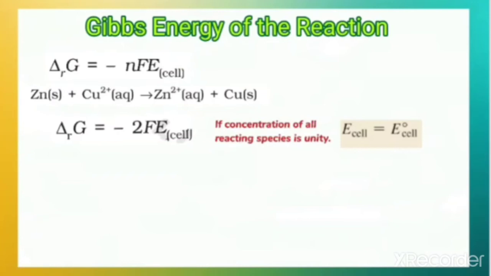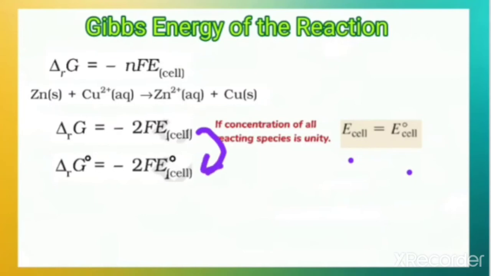So the reaction can be written as delta G naught is equal to minus 2F E naught cell. If the concentration is taken as unity, E cell is equal to E naught cell, and the value becomes a standard value. So delta G naught is equal to minus 2F E naught cell.